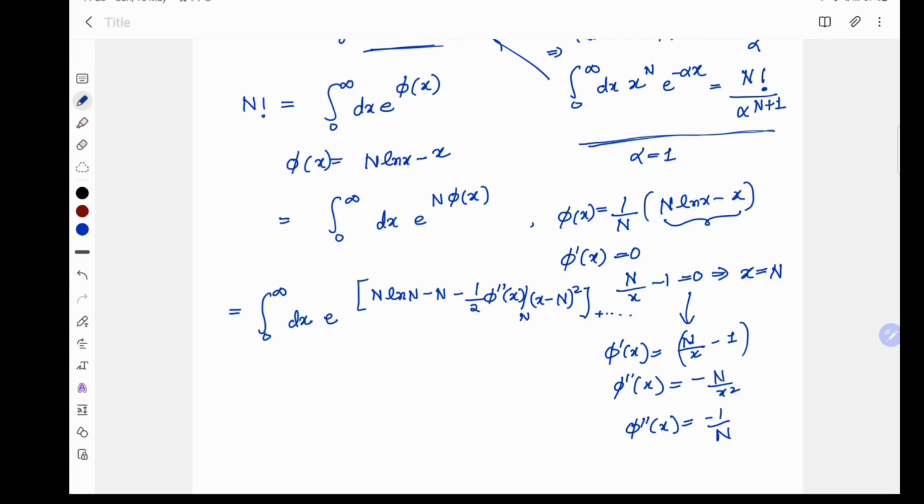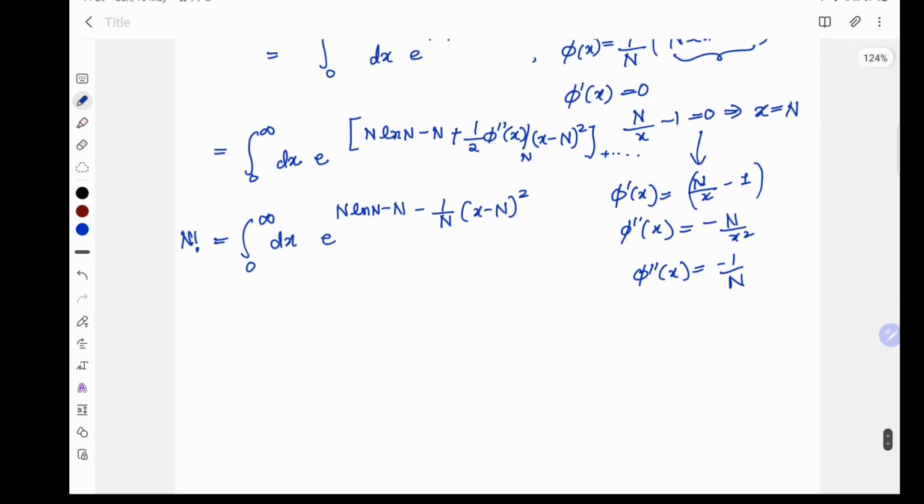So there will be a plus sign now, and if you put the values, the integral dx e to the power n log n minus n minus 1 over 2n times x minus n whole square, equals n factorial.